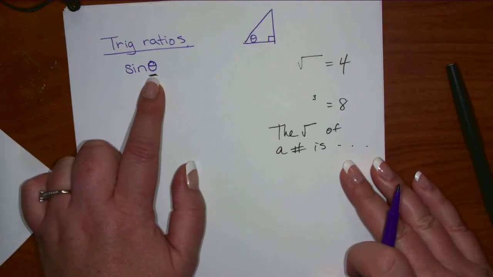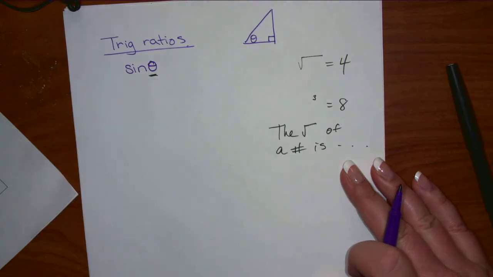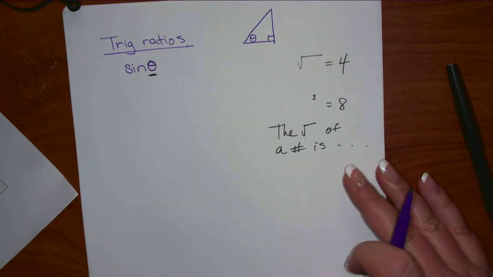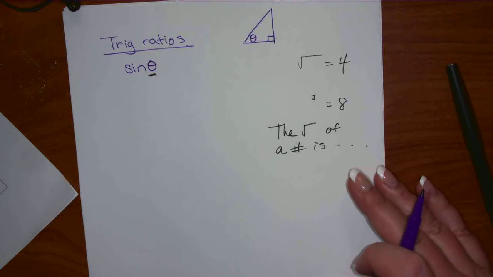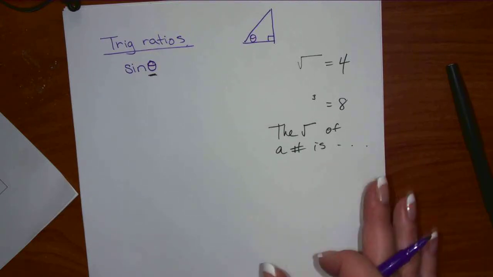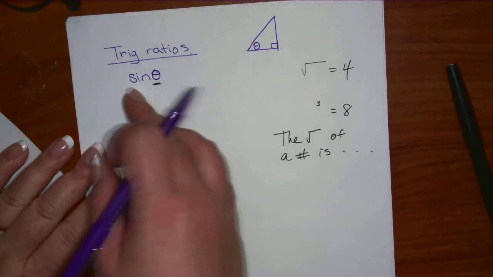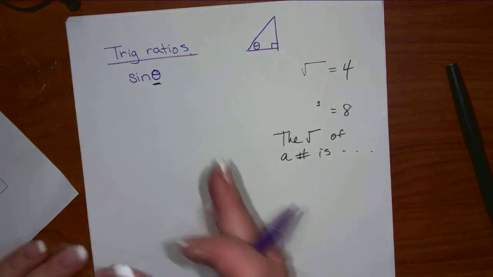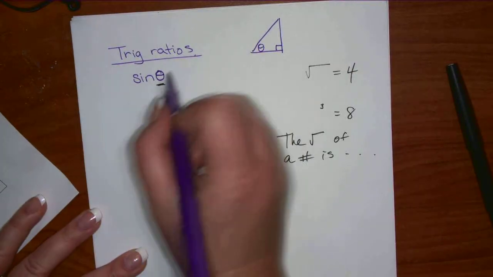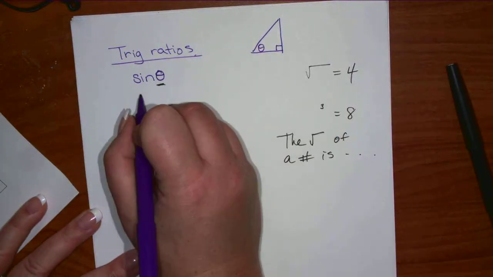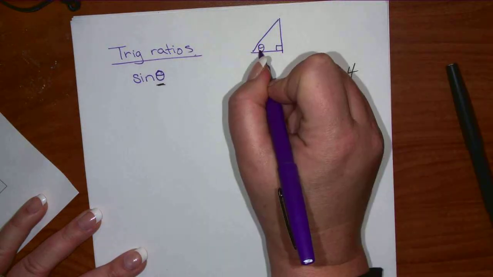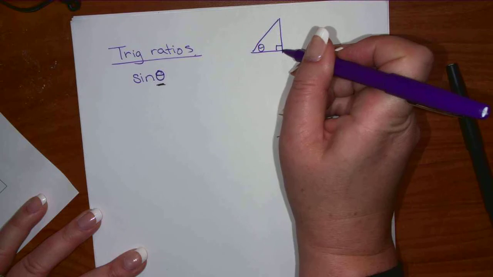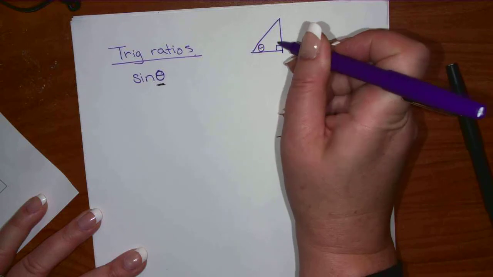So if you say sine equals 1/2, you're wrong. It doesn't make sense. It's like saying square root equals 4 with nothing under it. That doesn't mean anything. Okay? So sine theta, sine x, and we might put an angle there. Okay, so sine theta. On a triangle, here's an angle. This is indicating what? That little square means that it's 90 degrees.